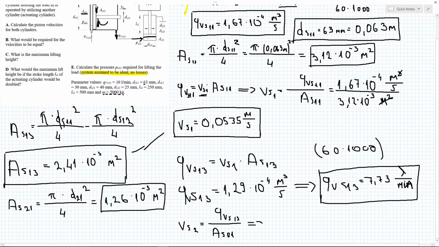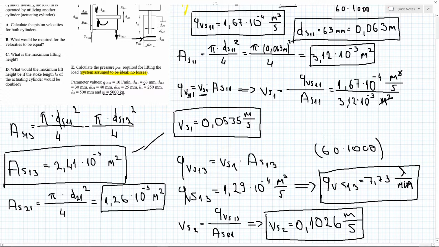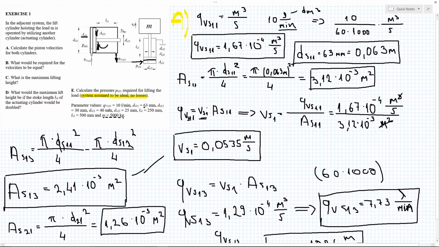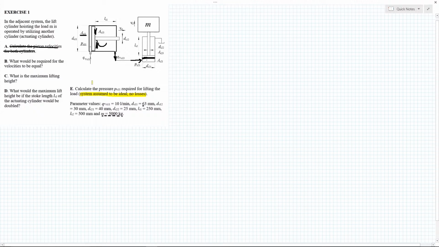So that's going to be equal to 0.1026 meters per second. And this is the velocity of piston number 2. So A is done. Now we're going to talk about B. Okay, now let's do B.